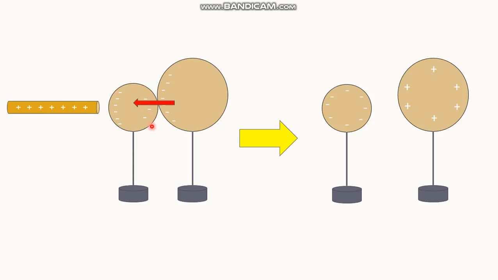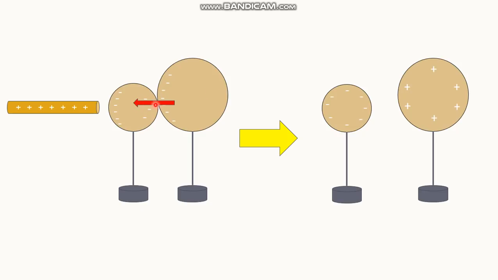Since there are more positive charges here, it will also attract the freely moving electrons in sphere B, which will also tend to move to this side.